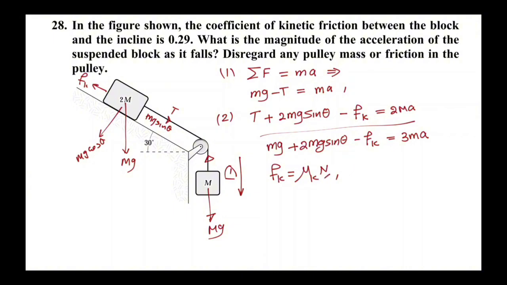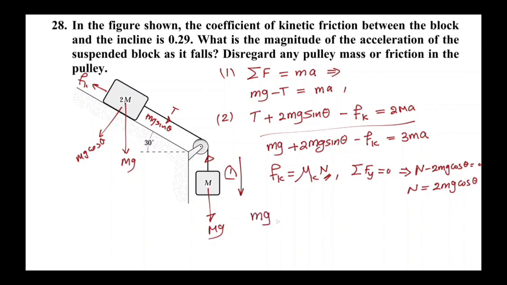To find n, let's have sum of all forces on y equal to 0, and in this case here, normal minus 2mg cosine theta equal to 0, so the normal equal to 2mg cosine theta. You substitute this normal back in this force here.